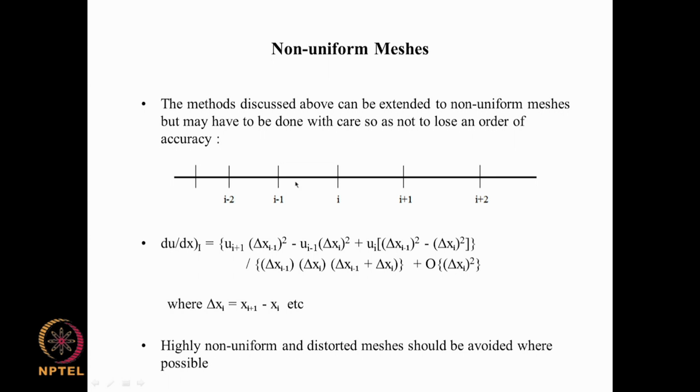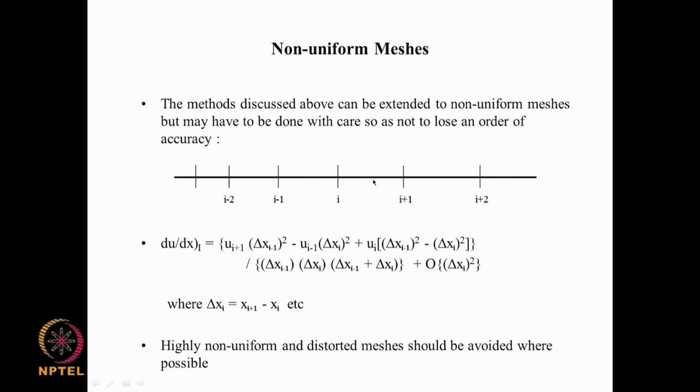When we expand this in terms of Taylor series, u i minus 1 is given as ui minus delta x i minus 1, which is this distance, where delta x i minus 1 is xi minus x i minus 1. So that is dou u by dou x at i times delta x i minus 1 plus dou square u by dou x square at i times delta x i minus 1 whole square by factorial 2 and so on. So you can do this kind of expansions.